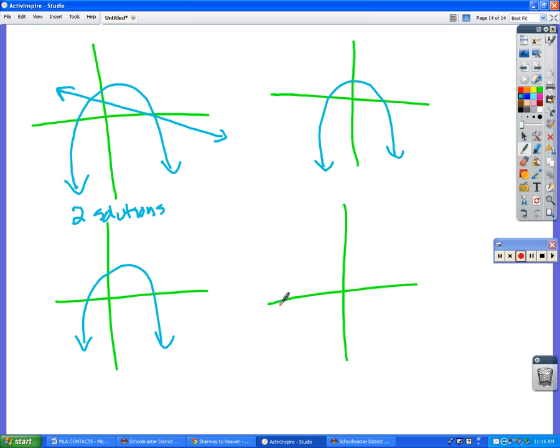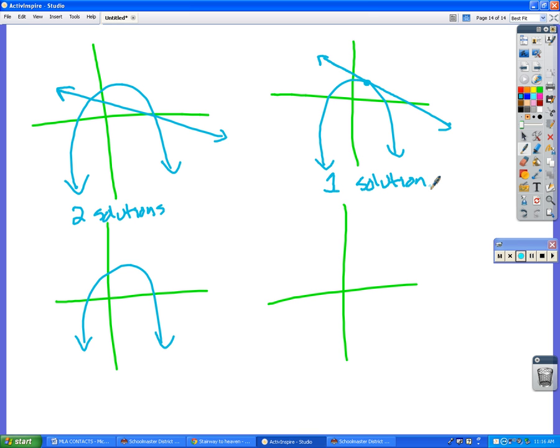What's another way that you can have, okay, you could have one. What would that look like? Just a line that just touches the parabola like that would be a circumstance where you have one solution.